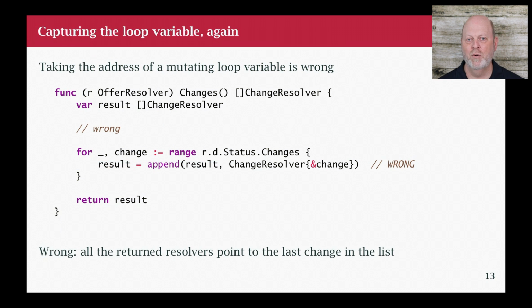So not to beat a dead horse, but I've got one more example of this that's similar but different. And that is on this slide, I've got a little bit of code that's part of a GraphQL engine. I've got some server, and the server is producing GraphQL, and this is handwritten code.